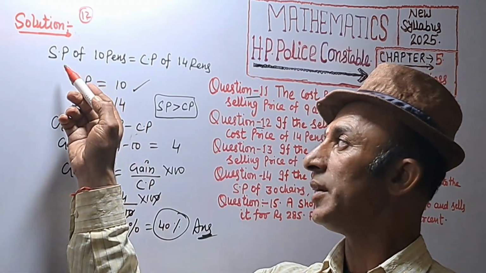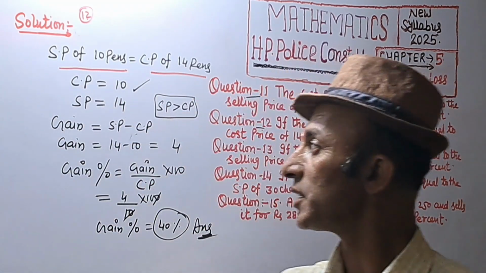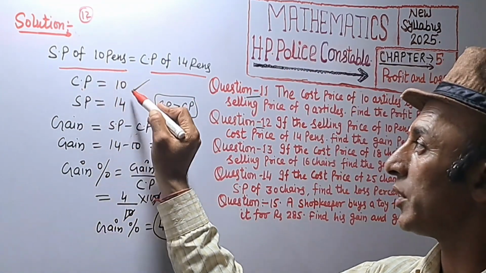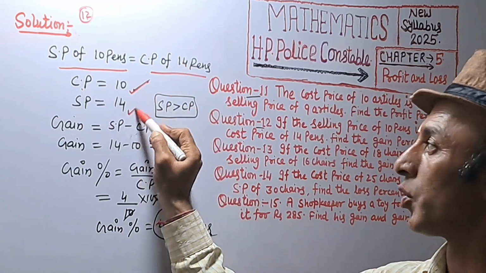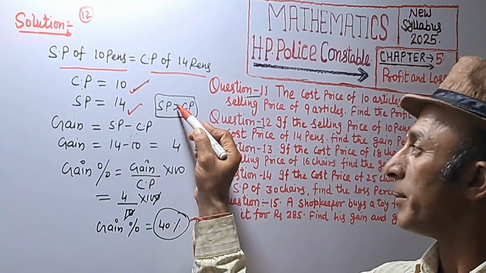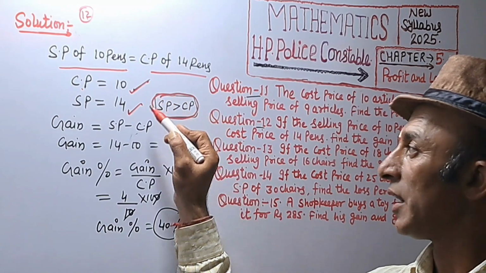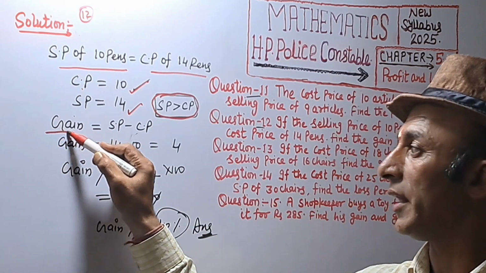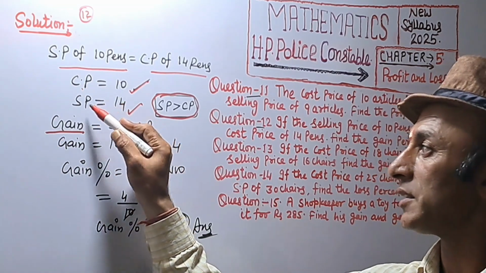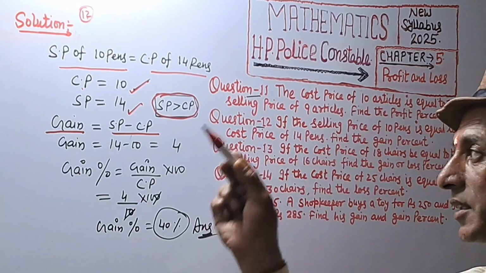Given question, selling price of 10 pence equal to the cost price of 14 pence. So cost price equal to 10 and selling price equal to 14. When selling price is greater than cost price, then we get profit or gain. That is selling price minus cost price. 14 minus 10 is equal to 4.